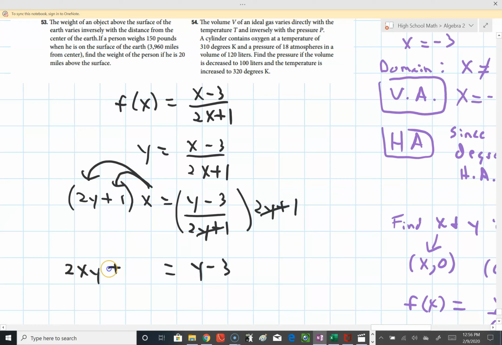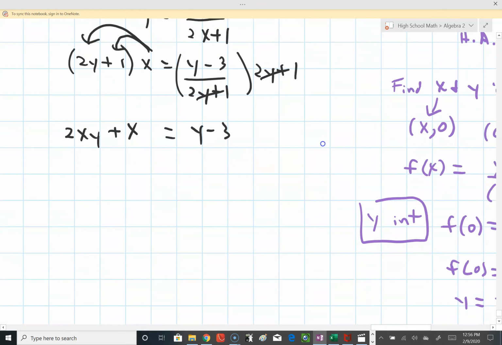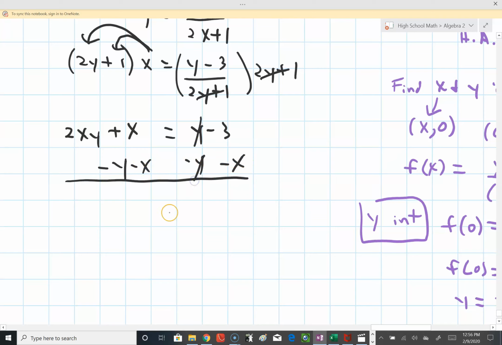X times 1 will be x. We're going to collect our y terms on one side, our x terms on the other, so subtracting y on both sides and subtracting x on both sides. The y's cancel to leave negative 3 minus x. The x's cancel to leave 2xy minus y.